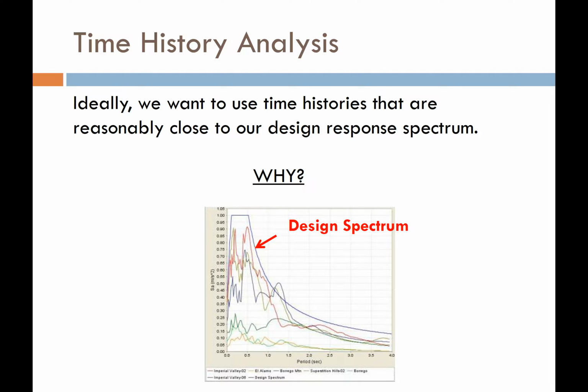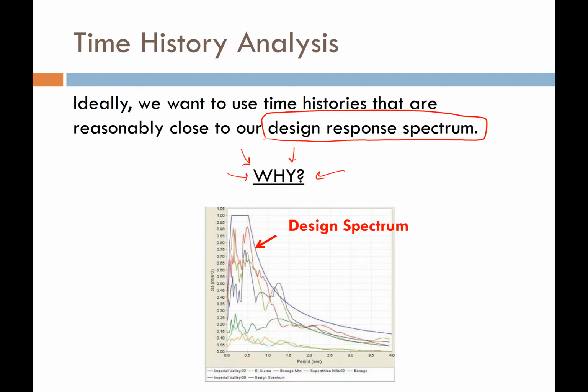And so one of the things that we commonly do today to guide our development of time histories is we try to use the design response spectrum as a target for our various time histories. And you could ask this question, well, why do we do that? Take a look here at this picture.